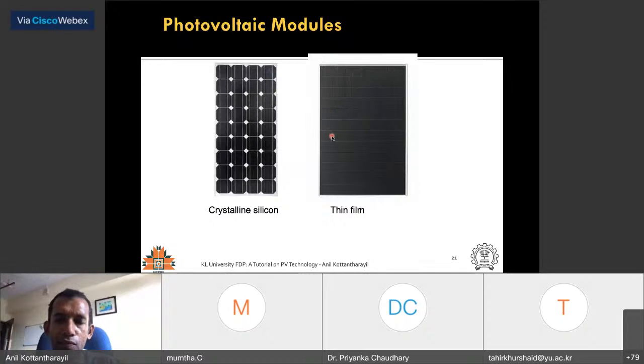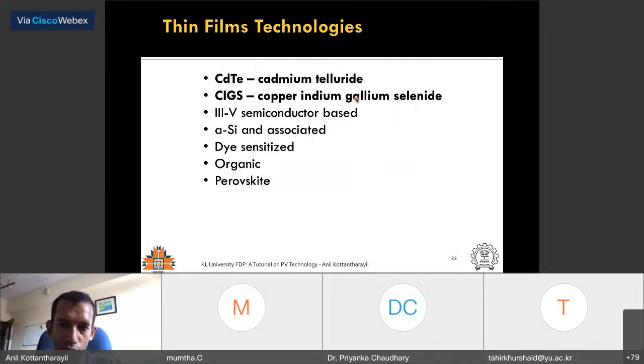But we are using a transparent conducting electrode for this, so it's not very visible. Unlike the metallization here where you use silver, which reflects, in this case you are using a transparent conducting oxide. In fact, one of the major cost components in this is the transparent conducting electrode.